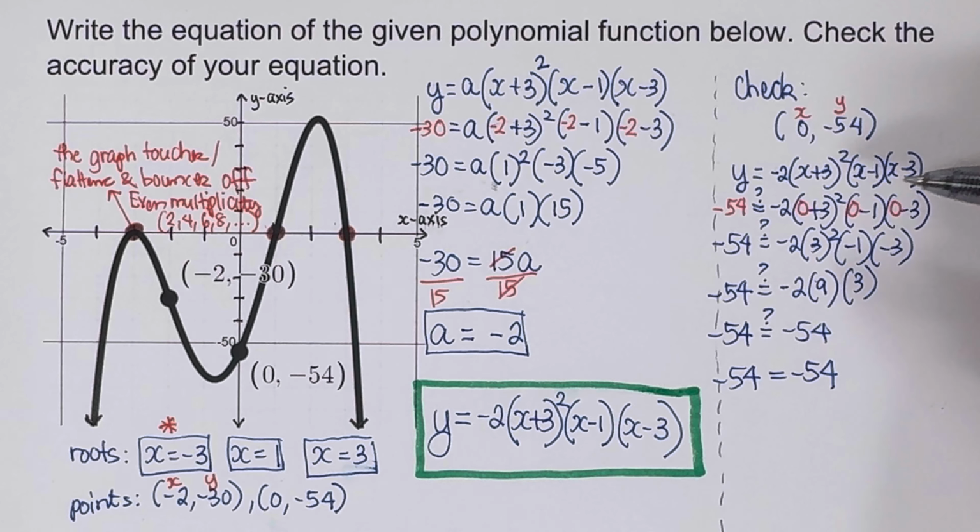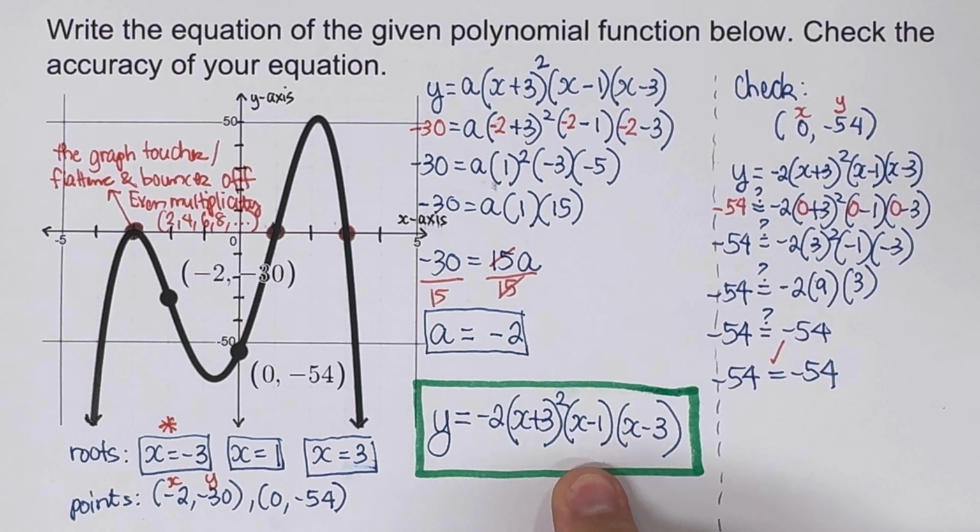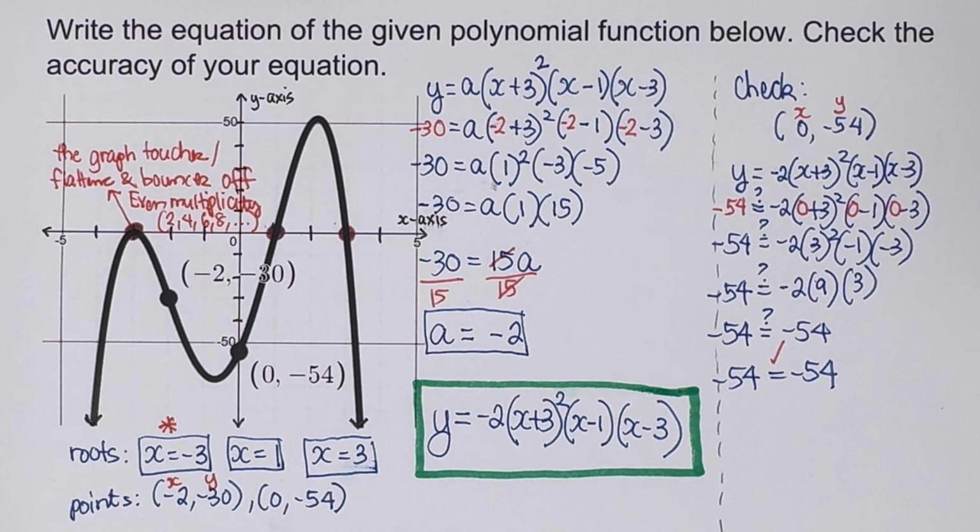If you look at the math here, both sides of the equation equal -54. So that tells us that this is the equation for this graph that we have here. So that is how we write the equation of a given polynomial graph with multiplicity.